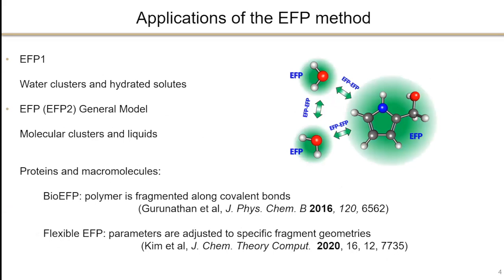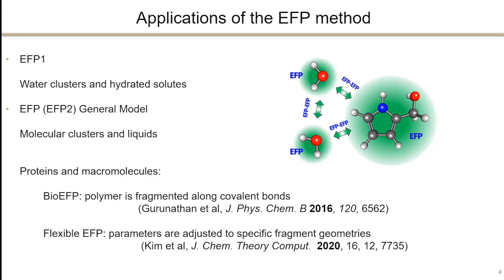Okay, so where has the EFP method been applied? The first generation of EFP, called EFP1, was applied first just to study water clusters and hydrated solids, and specifically was used to study photochemistry, and it gave very good results.